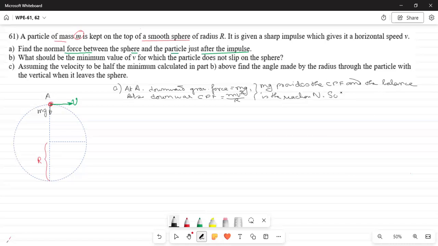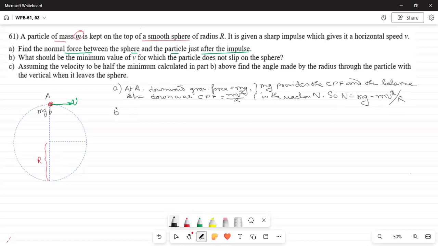So we want to find out the normal force or normal reaction. Normal reaction is equal to mg minus m v square upon r. This part was easy, not a problem.